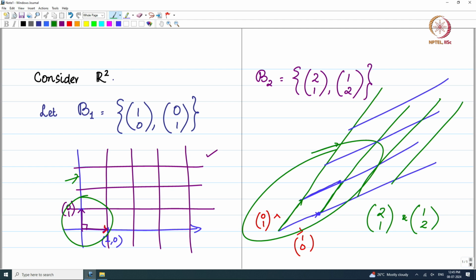So, the choice of the basis helps you look at the data from the perspective in which the inherent structure of the data is properly revealed. That is the idea of basis. In fact, when we do singular value decomposition and probably even principal component analysis, we see that they give you the best basis to view the data.